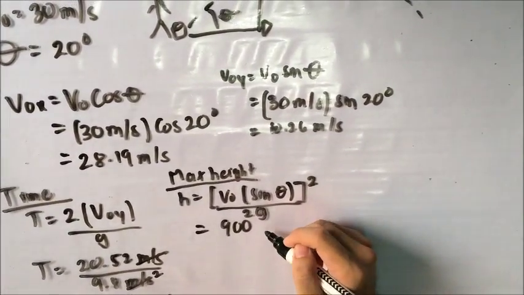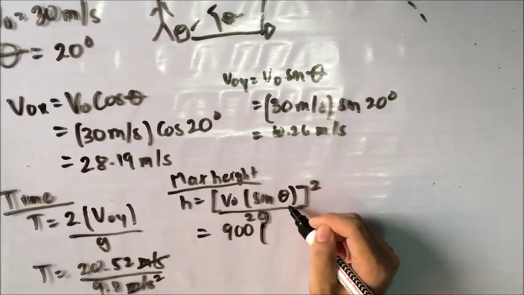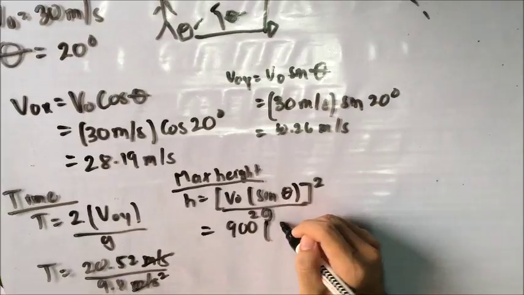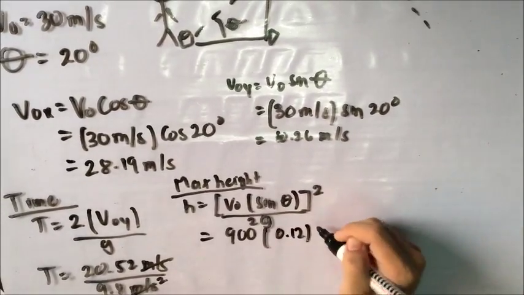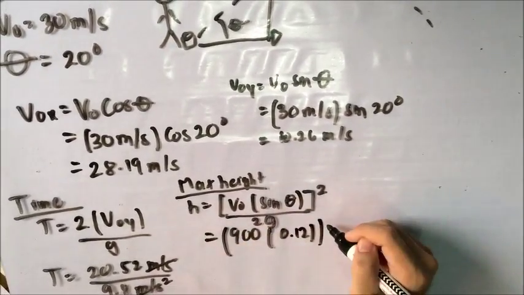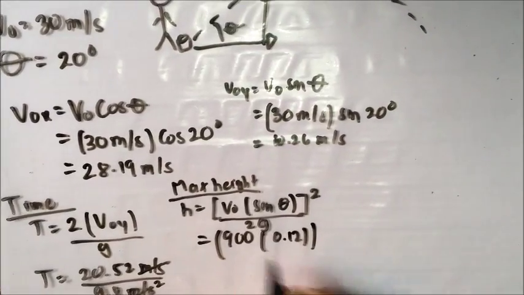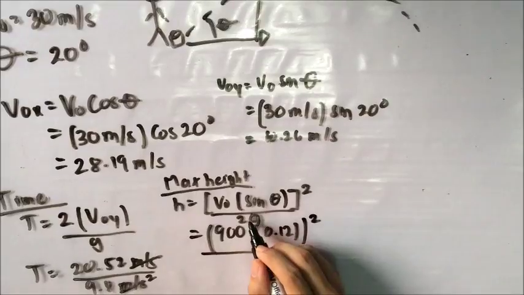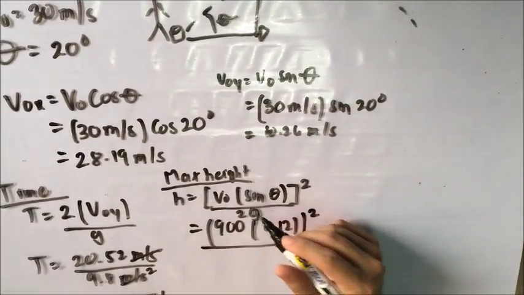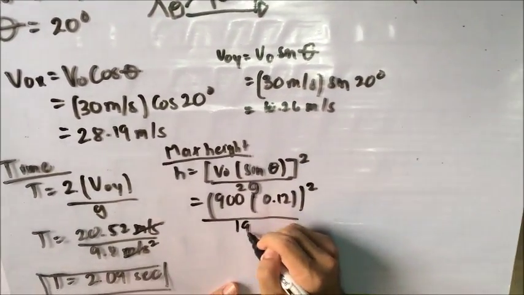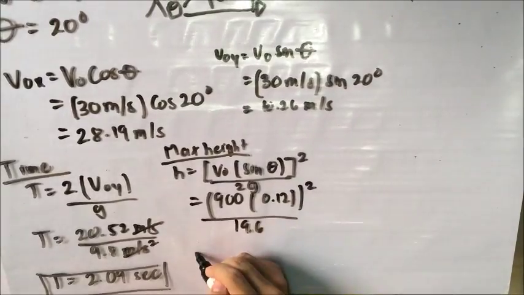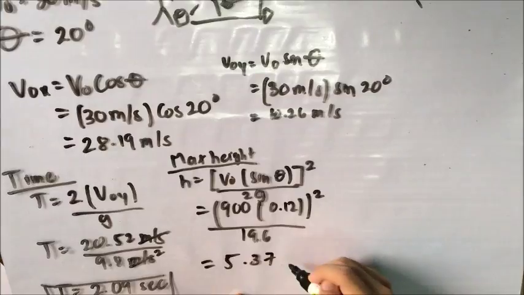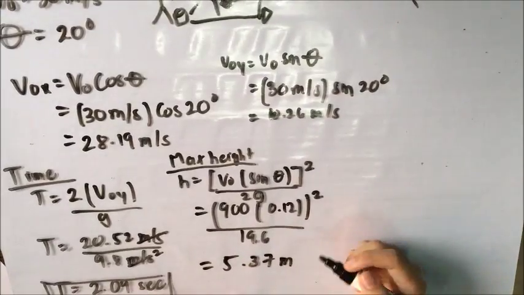Then 900 times the sine of 20, 0.12. We will raise this to squared, over the value of gravity 9.8 times 2 is 19.6. And the answer would be 5.37 meters.